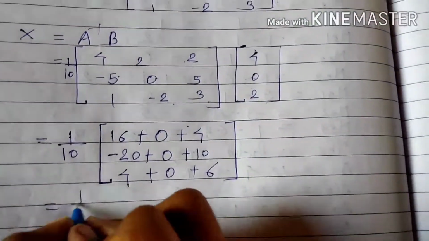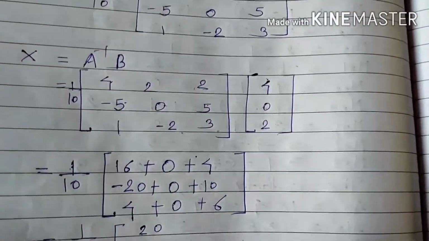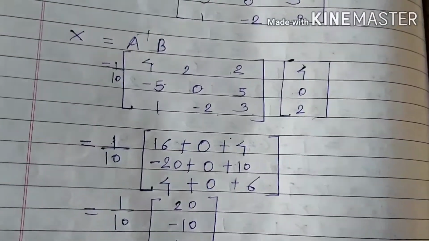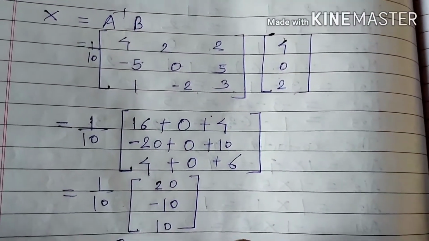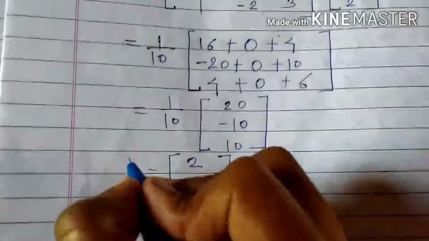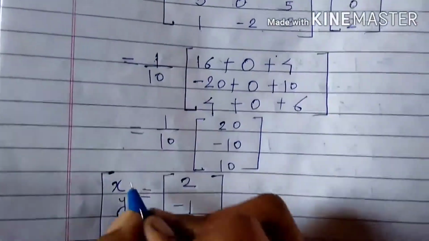So answer is 1 by 10 into 20, minus 10, 10. Dividing by 10, you get 2, minus 1, 1, and here X is equal to x y z.